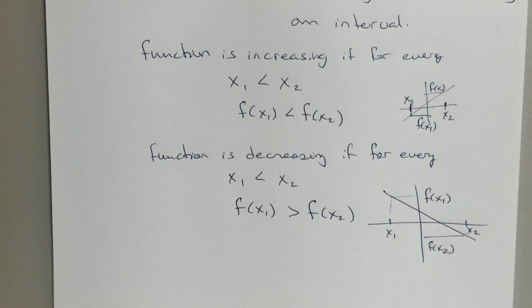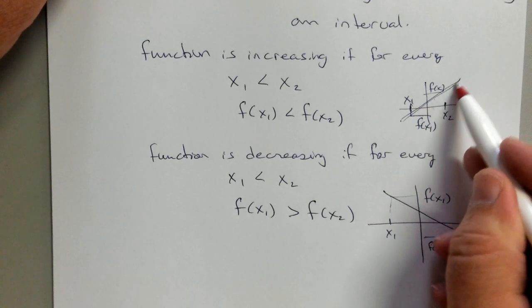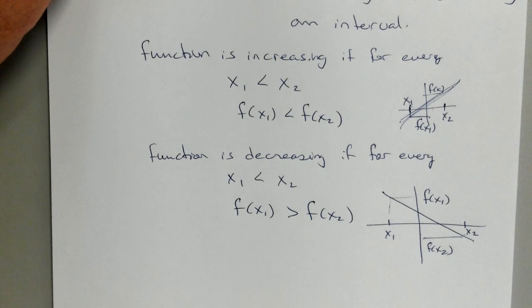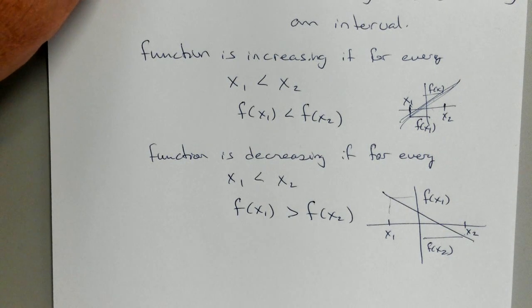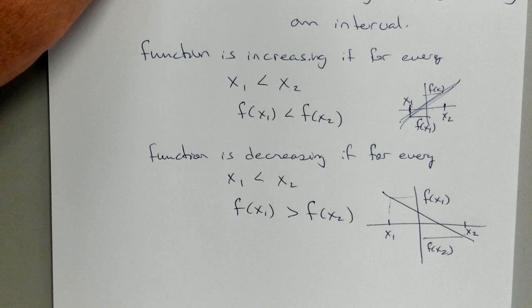How does this relate to what we've been dealing with? First derivatives, second derivatives. If a function is increasing, what do we know about it? Besides the points, what else can you tell me about it? What's the slope?